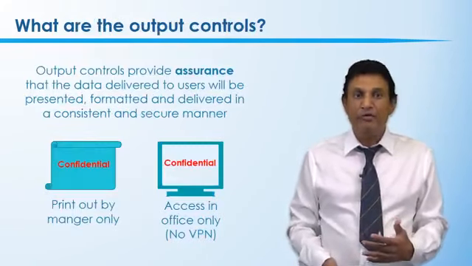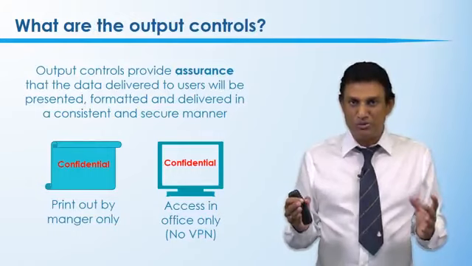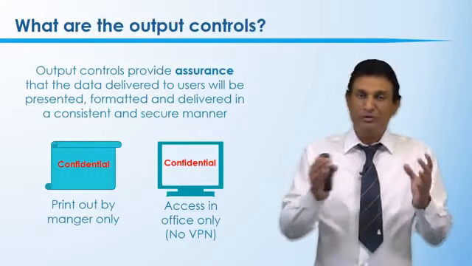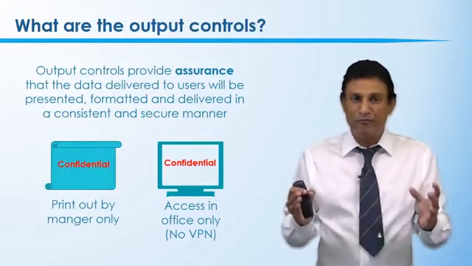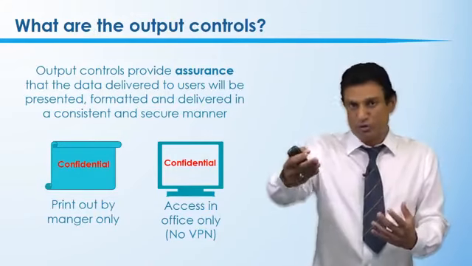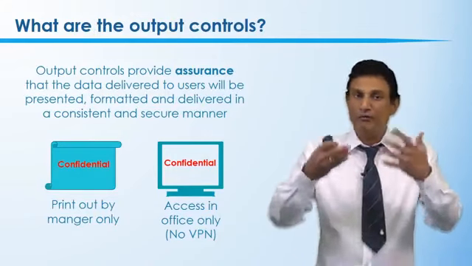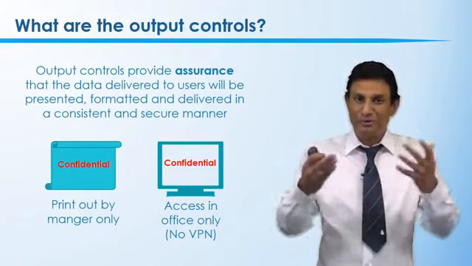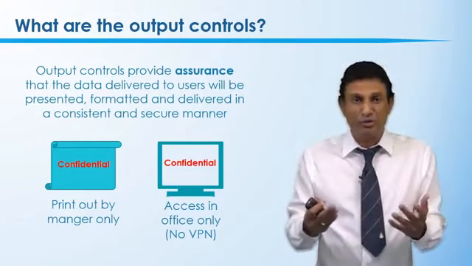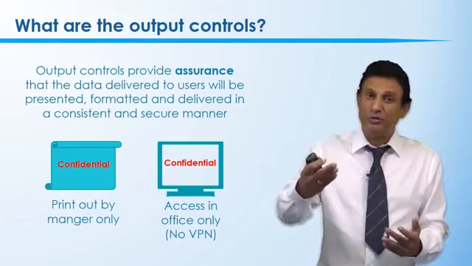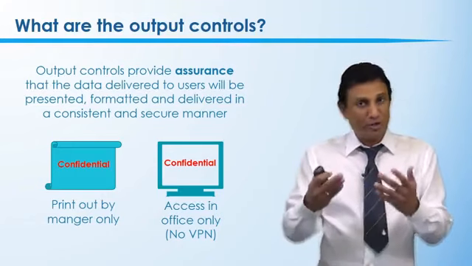Okay, and then finally we are talking about output controls. Systems produce outputs, and we have different kinds of outputs. We might have soft copy, we might have hard copy. If it is a soft copy, after output, make sure that it's secured. Simply, we can do encryption. If it is a hard copy, then we make sure of lock and key.